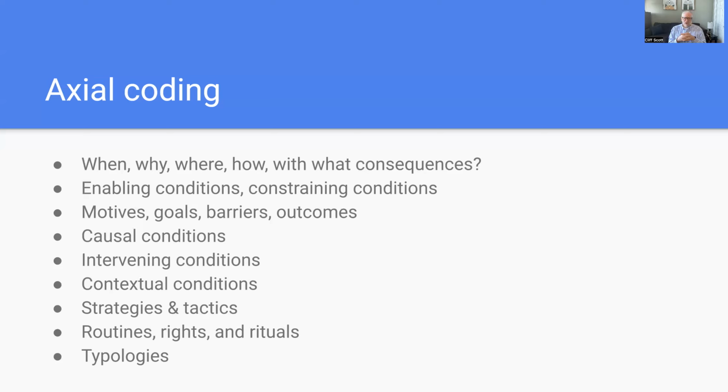You may be just trying to understand a phenomenon and all of the different types of ways in which it emerges. Are there different types of job stress? What's the kind of typology that we want to develop in terms of explaining job stress in this particular occupational context or this particular operational context?